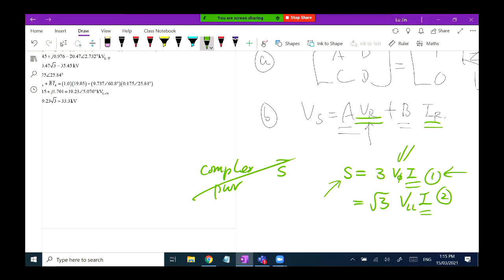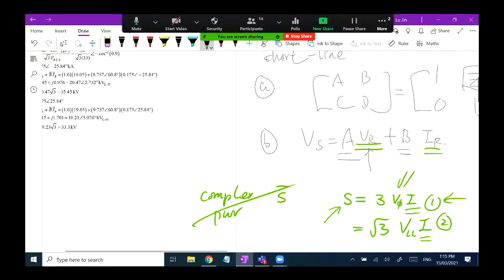We know the value is 10 MVA. If you want to determine the current, which formula should be used? Your key factor is the voltage. Do you know the phase voltage, or do you know the line-to-line voltage? Line-to-line voltage, right? How much is the line-to-line voltage? That's right. Very nice. Okay, everyone.